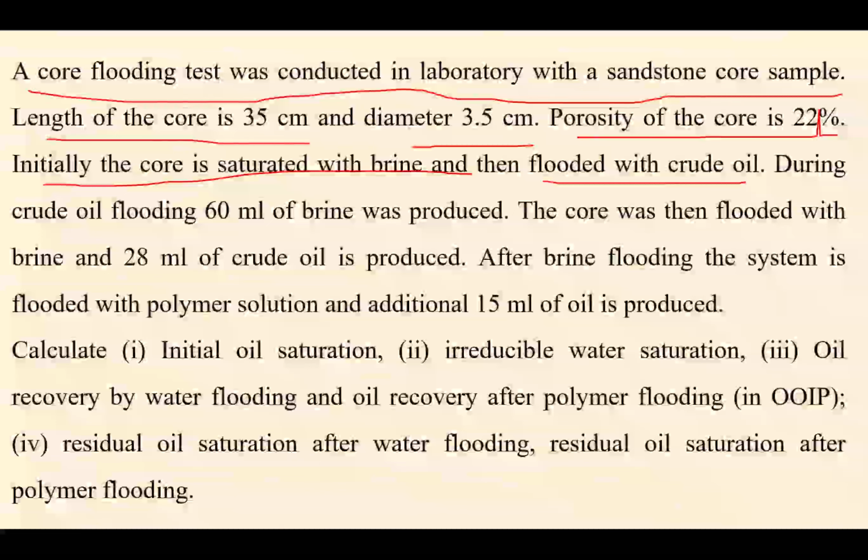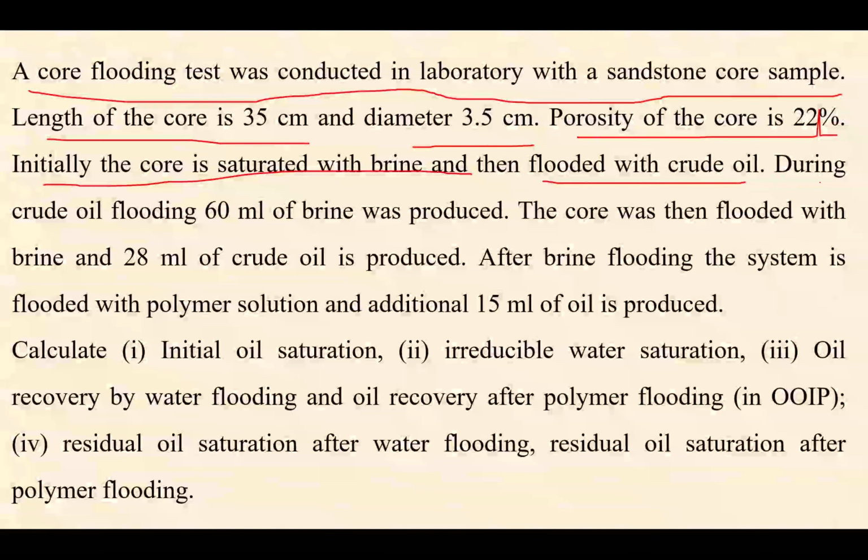And after you get the values of absolute permeability, I want to make the condition where a certain initial saturation of oil is there. So for that, I have to flood it with the crude oil.